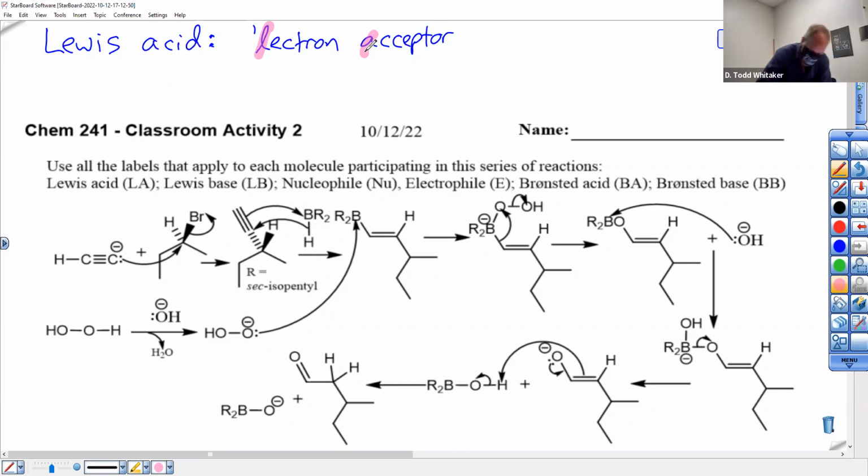Okay. So Lewis base, just flip it over. I don't have a cute memory trick for you on this one, but hey, you got the trick for the first one. They're opposites, right? So what's a Lewis base? Electron donor.